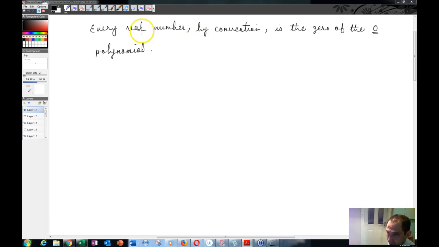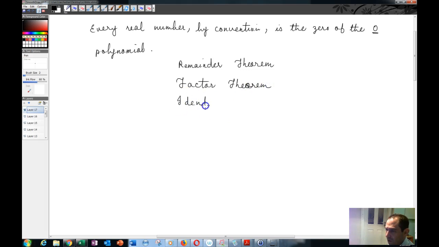So basically the next things that we will discuss here are the remainder theorem, and then there is also the factor theorem, and there are also some identities, and these are actually useful things when it comes to working with algebraic expressions and polynomials.